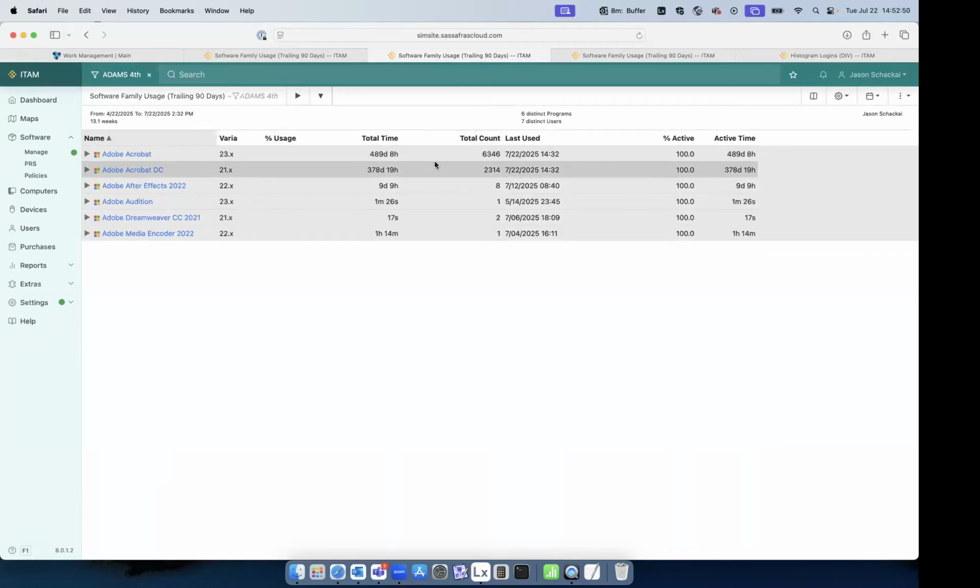There's a couple of different versions of Acrobat, but virtually all of those launches are Acrobat launches. There's a little bit of After Effects. There's a couple of launches of Dreamweaver totaling 17 seconds. But this is where that usage data can come into play and help you make decisions about that cost optimization.